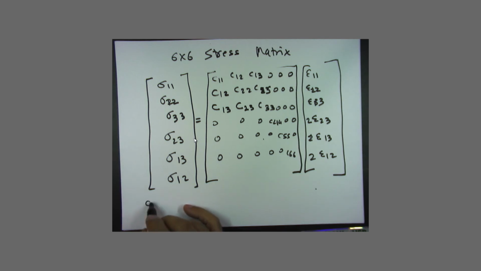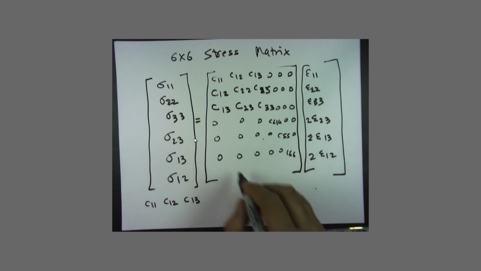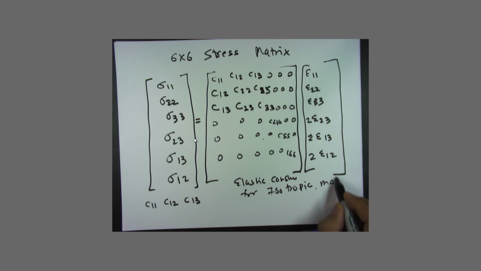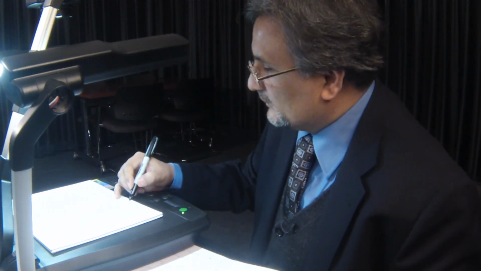So, you will have C 1 1, C 1 2, C 1 3 elastic constants. So, these are elastic constants for isotropic material. What I mean by isotropic is that the property of the material is the same everywhere, it is not changing.